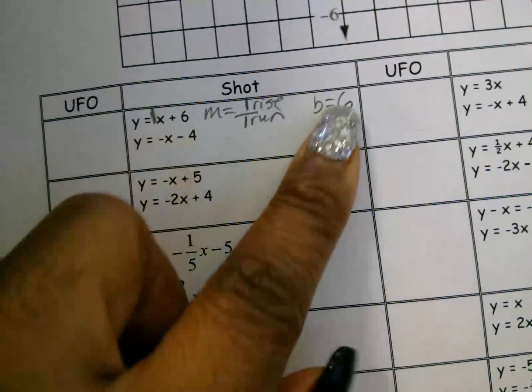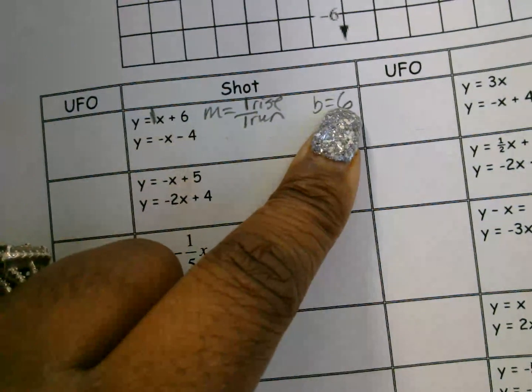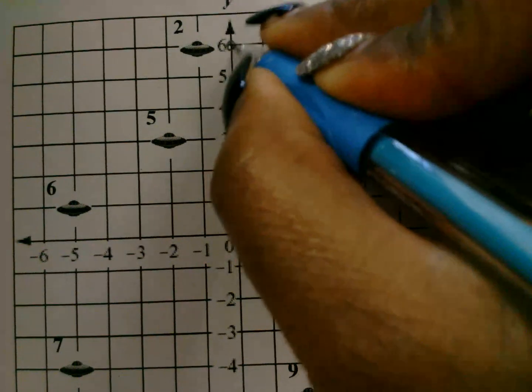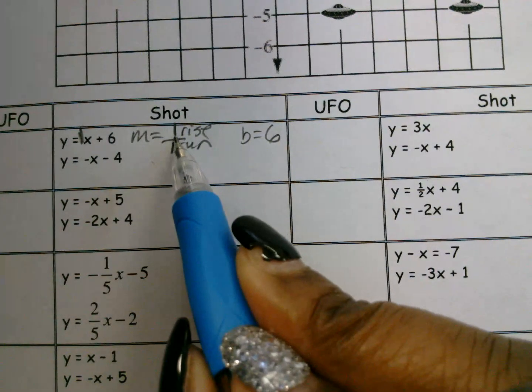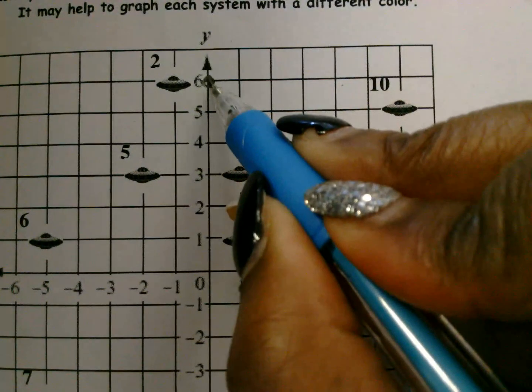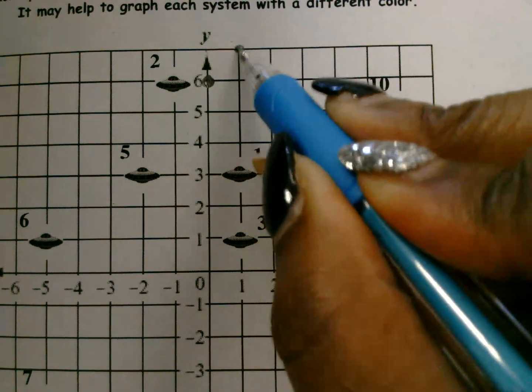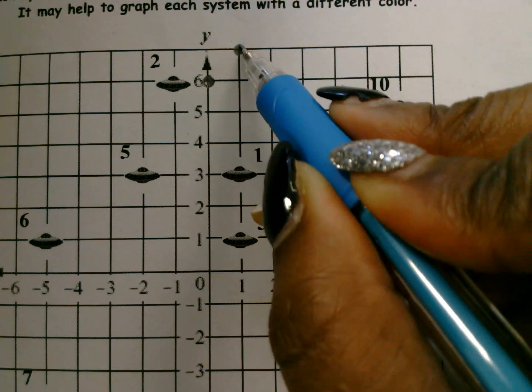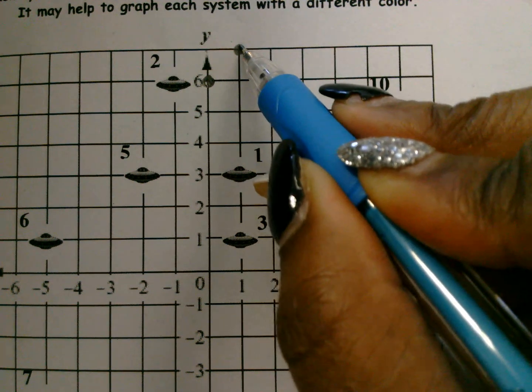So now we want to graph. We're going to find 6 on the y-axis. Positive 6 on the y-axis is here. And we're going to count rise over run. That's up 1 and to the right 1. Put your point here. We don't have enough space, so we have to do this backwards. We go down 1 and left 1.